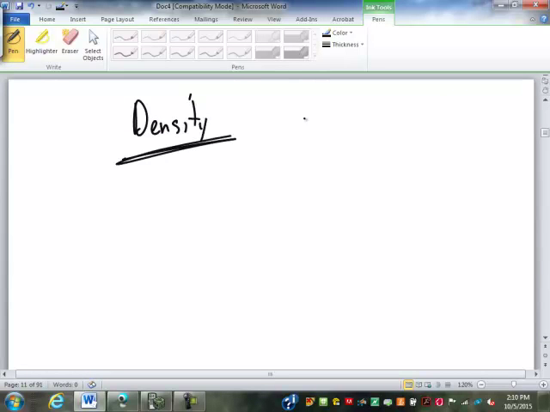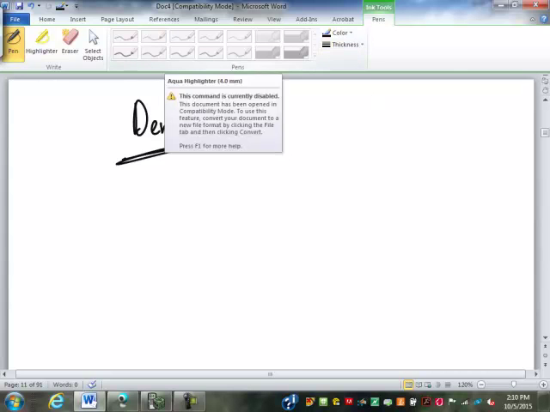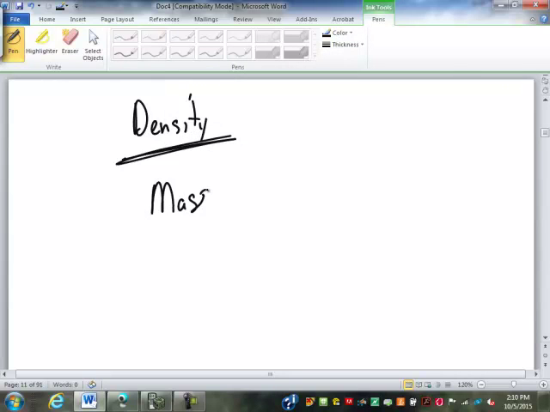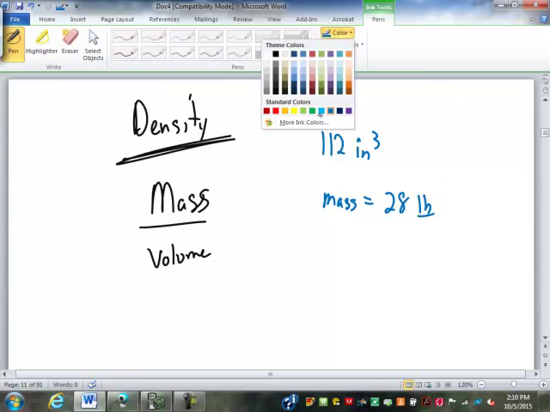Talk about density. Density is the mass of an object divided by its volume. Since we can calculate volume now, we can talk a little bit about density. So if we have something that is 112 cubic inches and has a mass of, let's give it something like 28 pounds, how would I find its density?